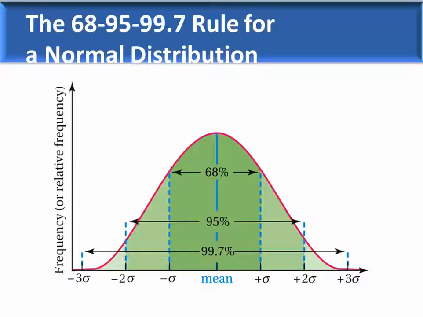And this is a picture that shows that. And it makes sense as you look at it, because the center, the peak, represents the fact that there are more data values there than out at the tail. So the fact that the peak is high in the center, and 68% of our data values fall in that center piece, makes sense. That's a little bit over 2/3 of the data values. If you look at the 95%, that makes sense as well.